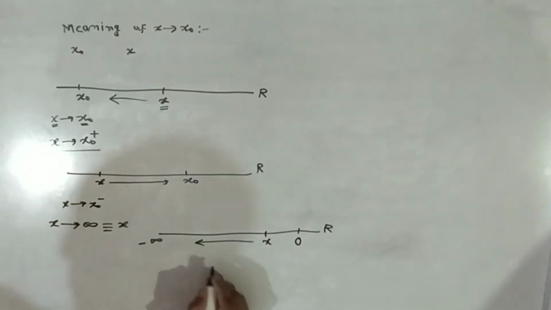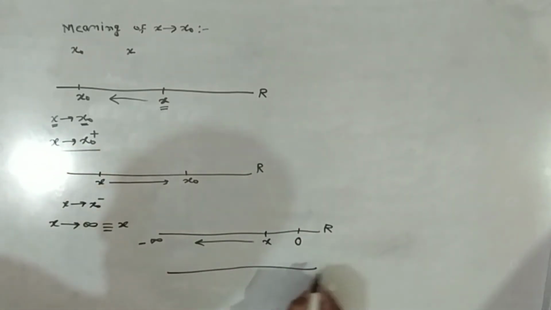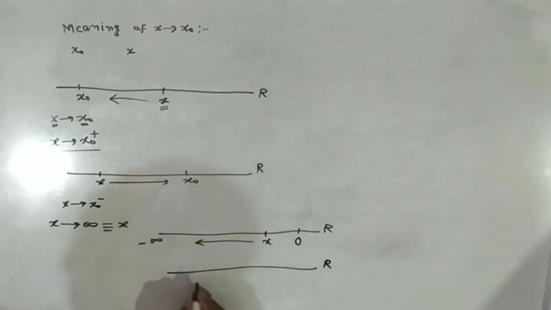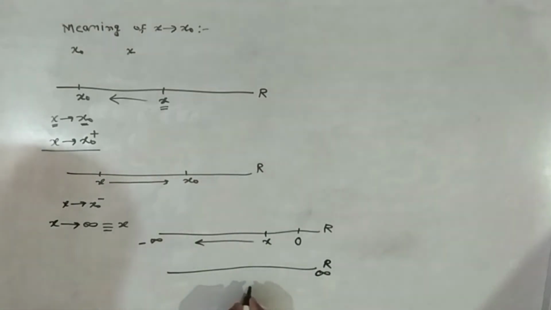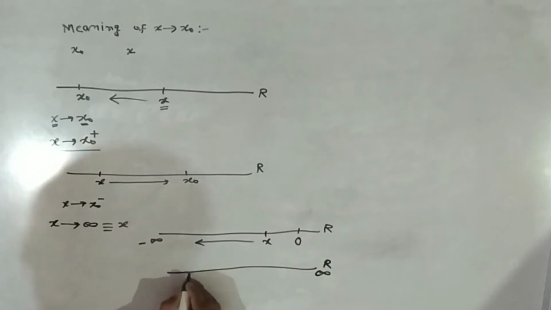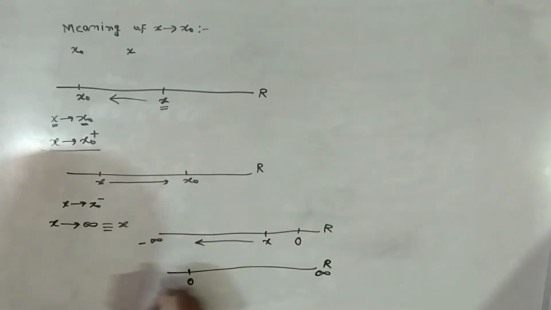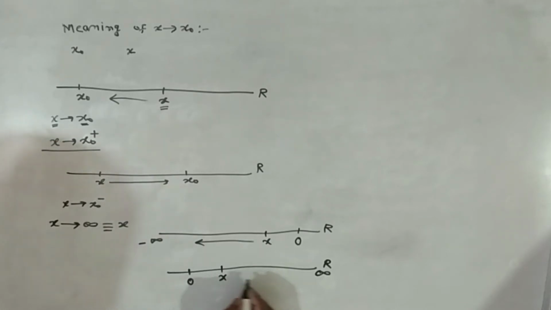And again this is the real line R, and suppose here is infinity, and here is 0 on this real line, and this is x.